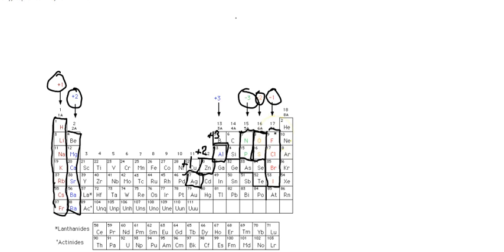A binary ionic compound, which is what we'll be talking about today, has a metal that has a set charge: the metals in group 1, the metals in group 2, and our bing, bing, bing. We will combine one of those with a nonmetal from one of these 3 groups over here.